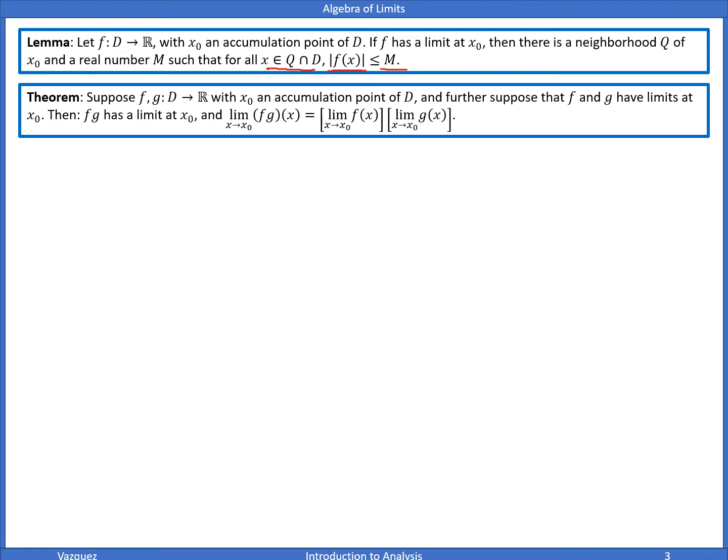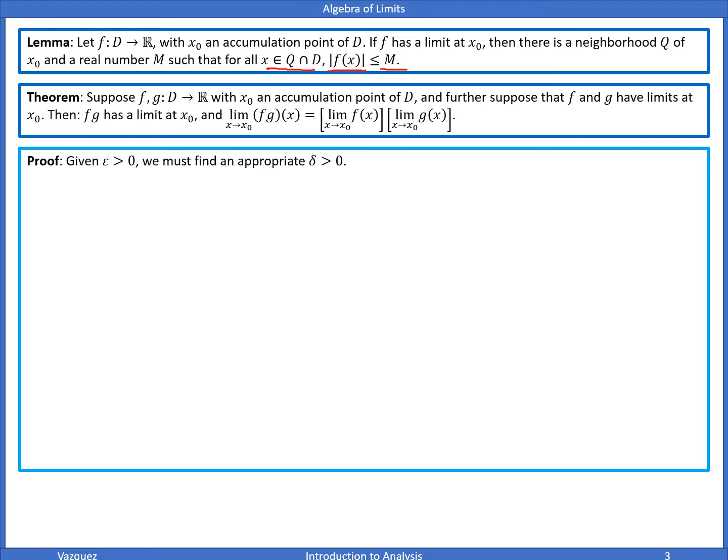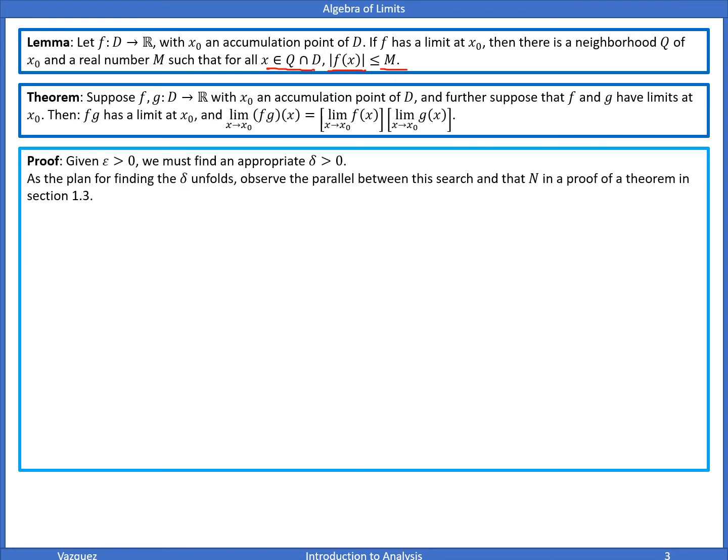How do we prove this? Well, first, given epsilon greater than 0, we must find an appropriate delta greater than 0, because we're dealing with limits. As the plan unfolds for finding delta, you should observe the parallel between this search and the search for N in the theorem in section 1.3.